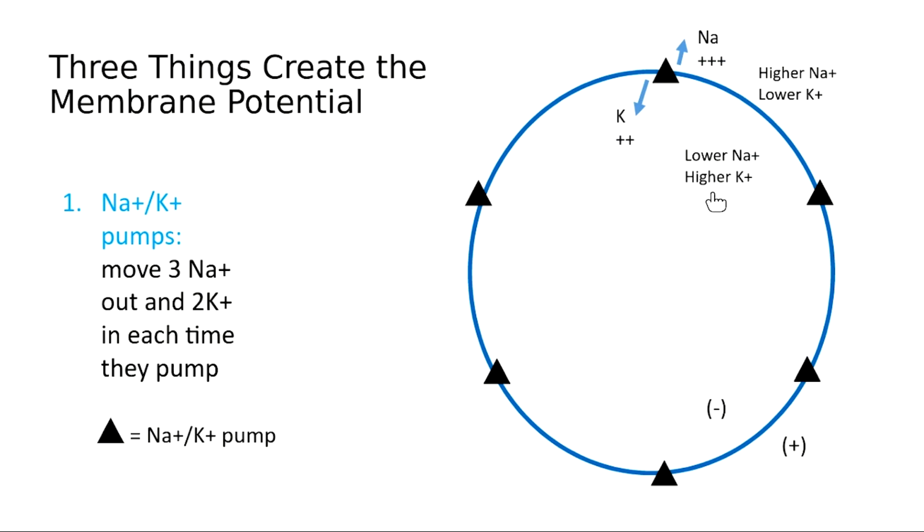And potassium, because it's always being pumped inside the cell, is at a higher concentration inside, and it's at a lower concentration outside.